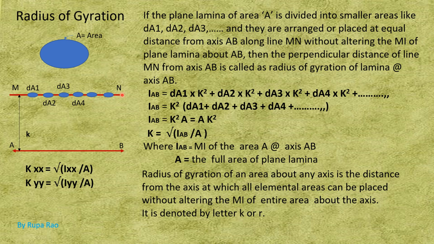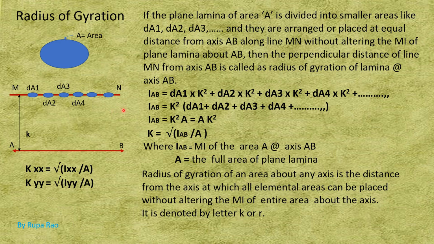So it is divided into n number of elemental areas, and it is placed along the line MN at a distance k from the axis AB in such a way that the moment of inertia of this full area A about the axis AB is the same as the moment of inertia of all these elemental areas taken together about the axis MN. The moment of inertia does not change.